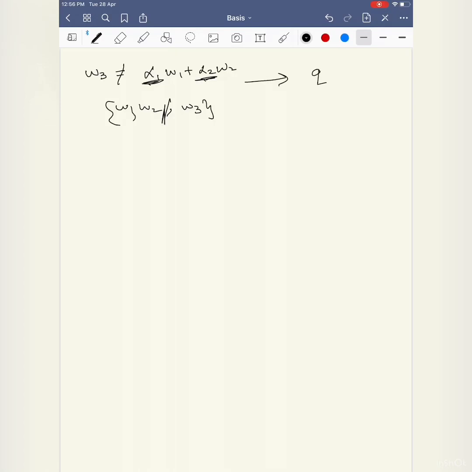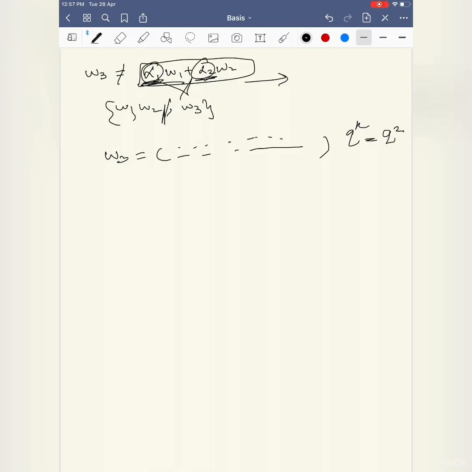That means for w3 I can put anything, q to the power k, but I have to make sure it is not a linear combination of w1 and w2. So I have to eliminate q squared. So you know how to construct it.